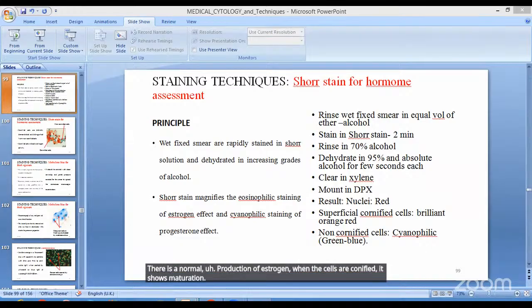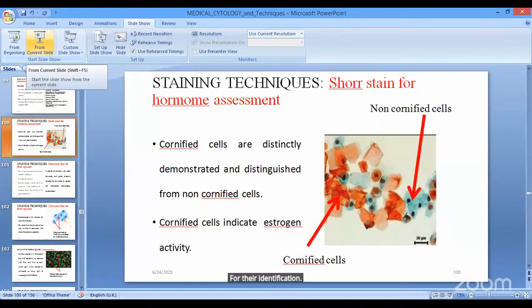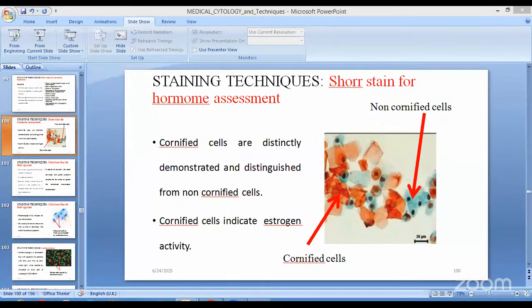Then the non-cornified cells are cyanophilic in color for their identification. Cornified cells are distinctly demonstrated and distinguished from non-cornified cells.